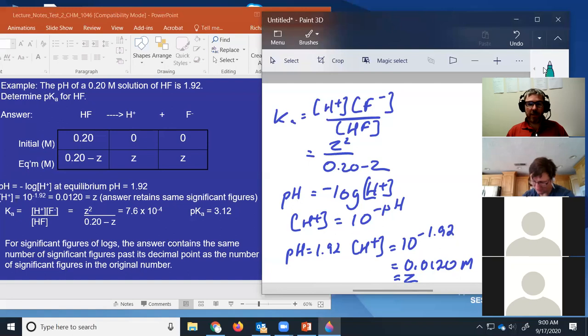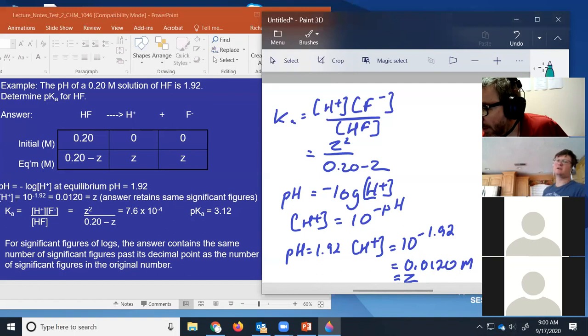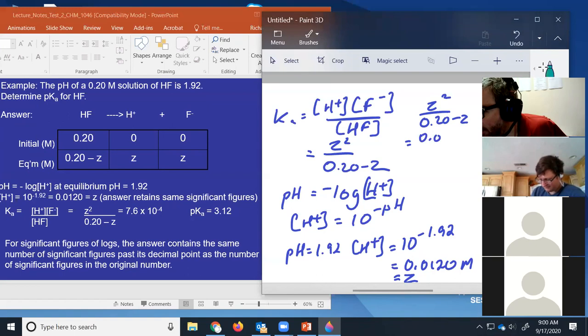And we'll pay special attention to the significant figures as we do this work. So it's going to be Z squared over 0.20 minus Z. If I do the plugging in here, 0.0120 squared over 0.20 minus 0.0120.